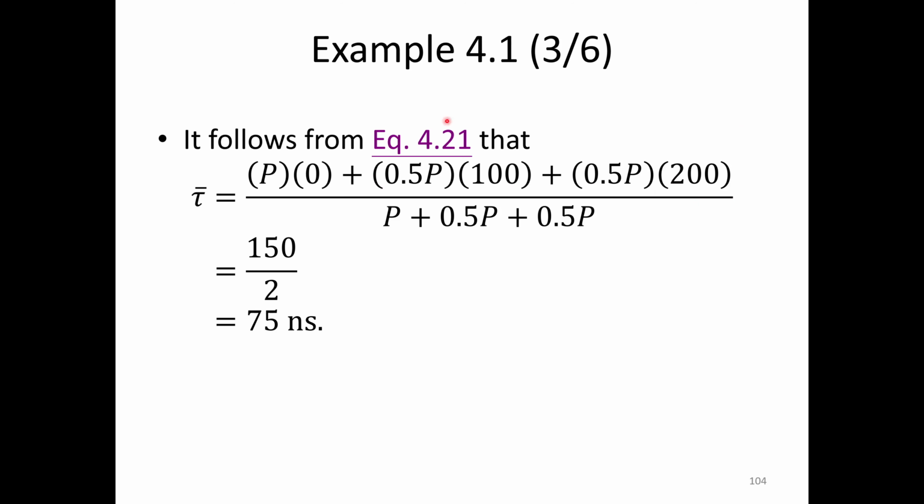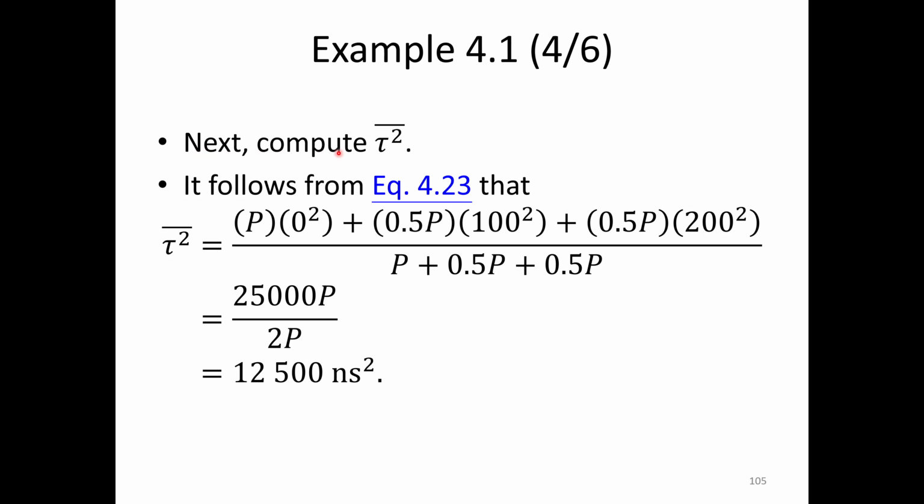So 50P plus 100P is equal to 150P, and we can cancel the P in the numerator and the denominator, so it is equal to 150 divided by 2, which is equal to 75 nanosecond.